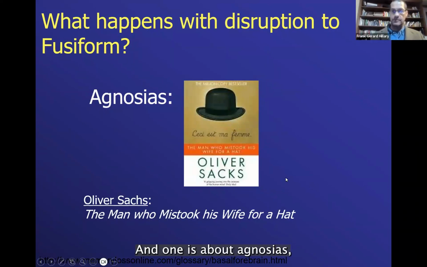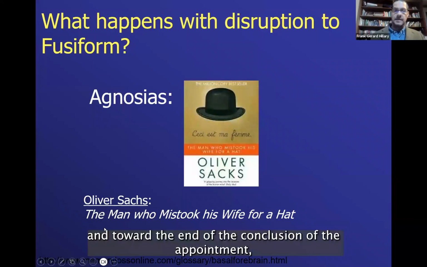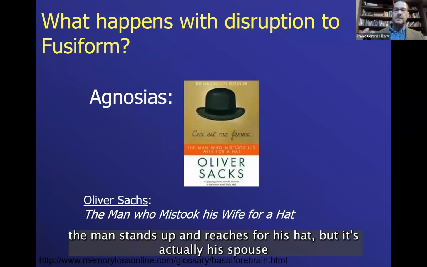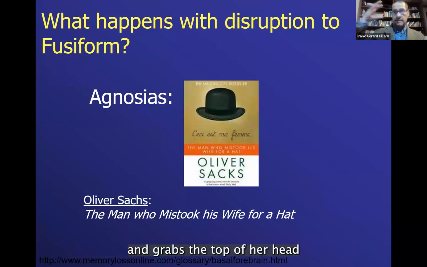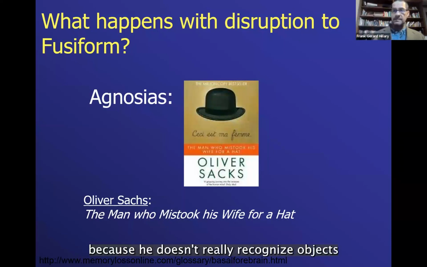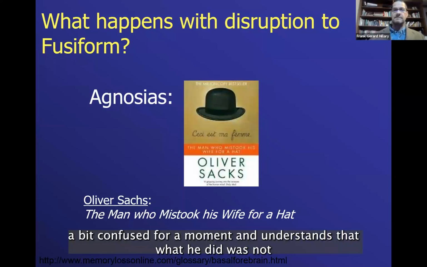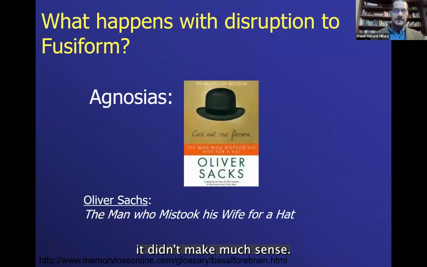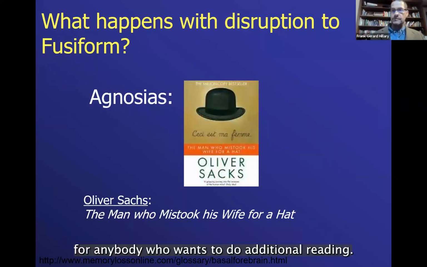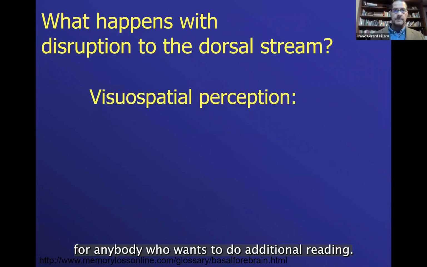One is about agnosias, where a neurologist is meeting with a patient, and toward the end of the appointment, the man stands up and reaches for his hat, but it's actually his spouse, and he grabs the top of her head because he doesn't recognize objects as well as he did before. He's a bit confused for a moment and understands that what he did didn't make much sense. So this is a really wonderful resource for anybody who wants to do additional reading.